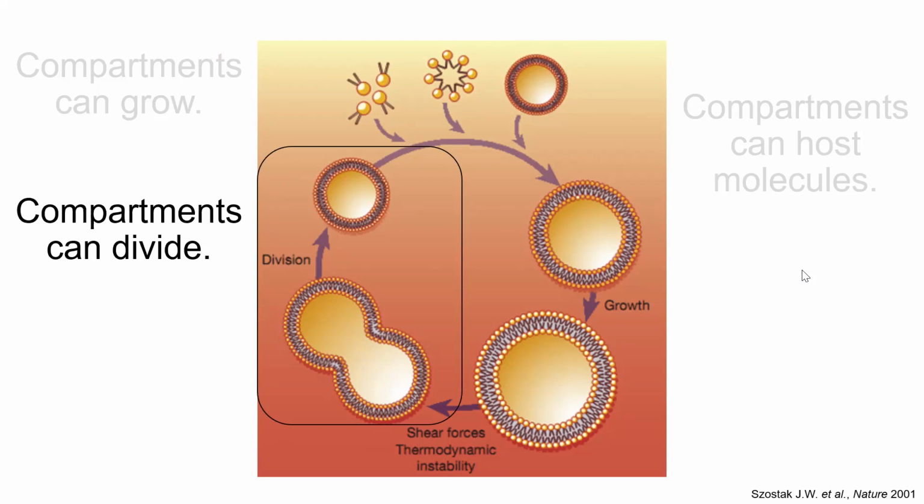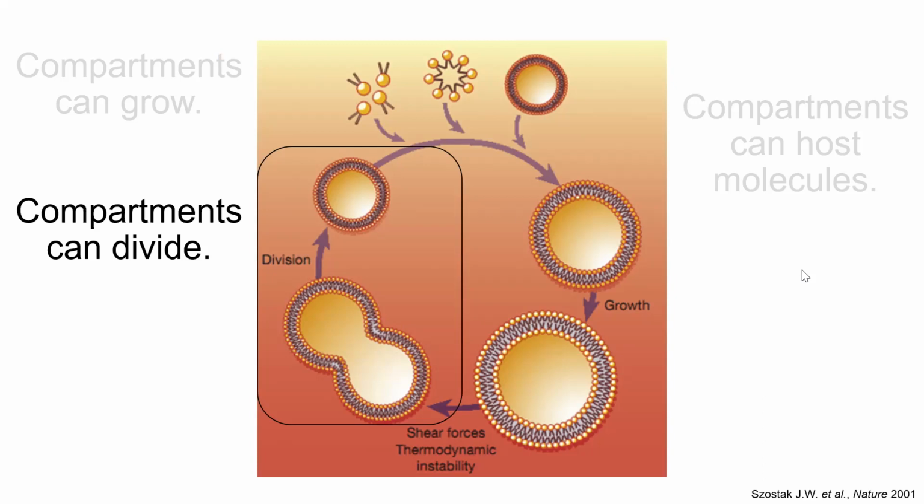Something else that compartments can do is localize molecules on their surface, because we've seen before that some of these lipids could have negative charges. If they have negative charges, maybe they can interact with something that has a positive charge. And then something positively charged that is localized to the membrane can interact with something that is negatively charged.